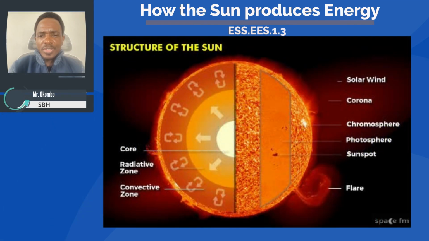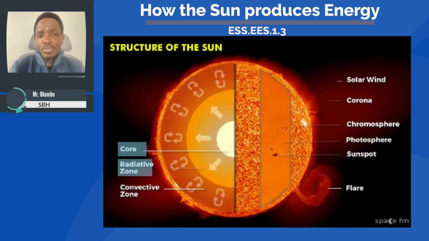The sun's structure consists of multiple layers, each playing a crucial role in energy production and transfer. At the core, nuclear fusion generates energy. Surrounding this is the radiation zone, where energy slowly moves outwards by radiation.